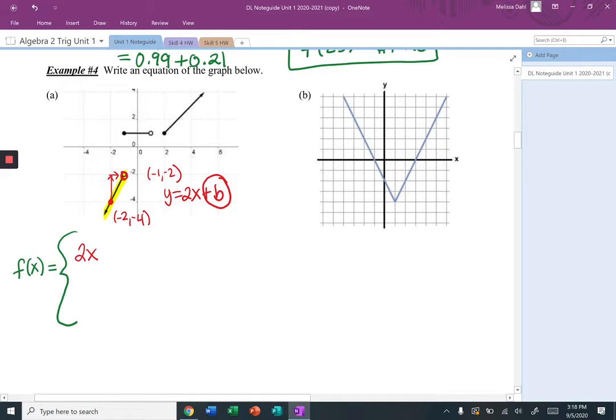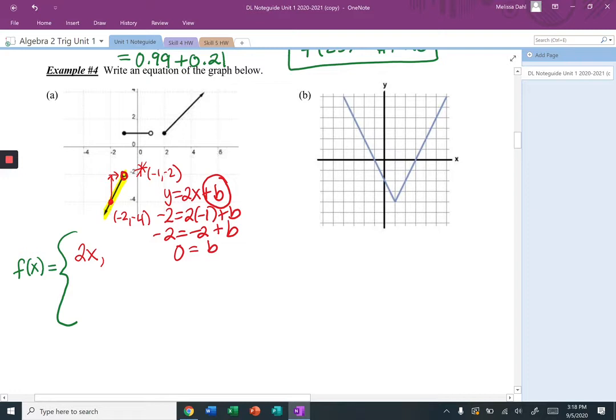Remember that you can find that by plugging in one of the points. So let's say that I plug in -1, -2. And then I solve for b and I get 0. So the equation of this line is actually going to be y equals 2x plus 0. I don't need to write the plus 0, so I'm just going to leave the equation as 2x.